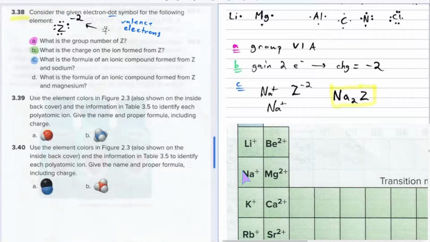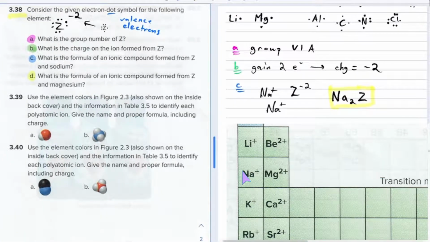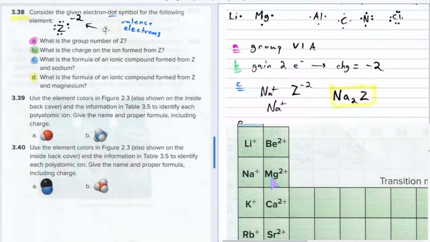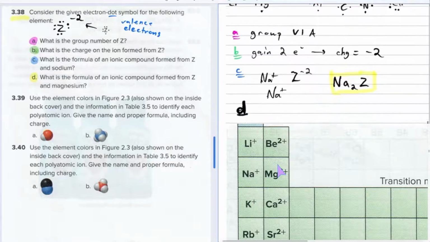The last one is D. What is the formula of an ionic compound formed from Z and magnesium? Well, magnesium's got a +2 charge. So this is D. I'm sorry, D. Let me move that up.